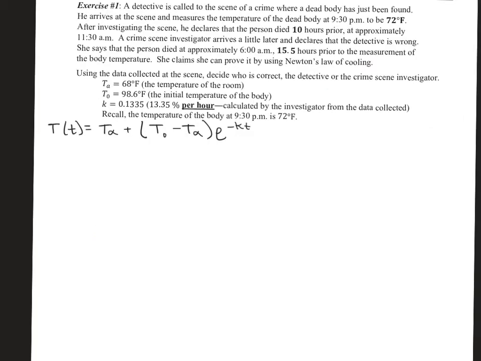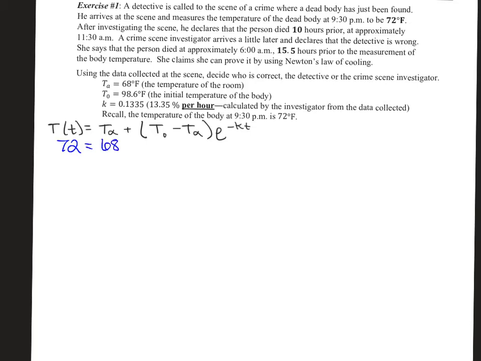Okay, so here is my formula. I just moved it down so I have enough room to write. So we're going to plug in all the information that we have. So we do know that T of t is 72 degrees. That's the temperature after time has passed. T sub alpha or A is the temperature of the room.